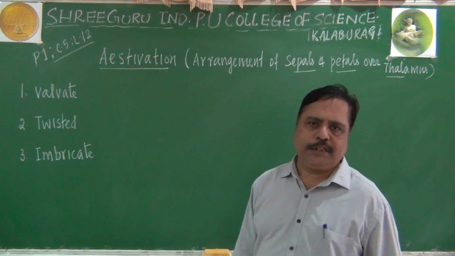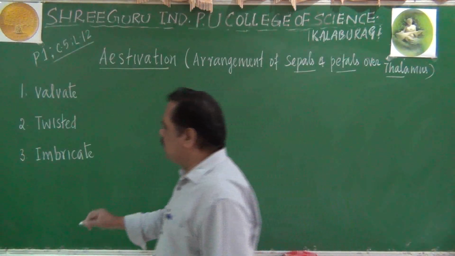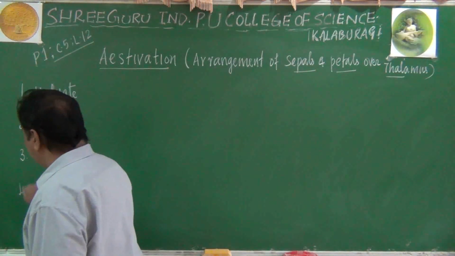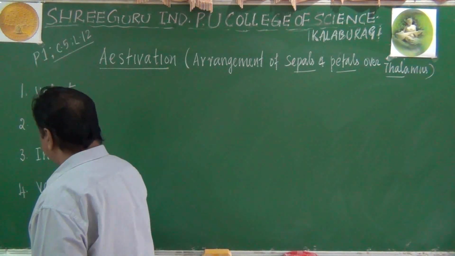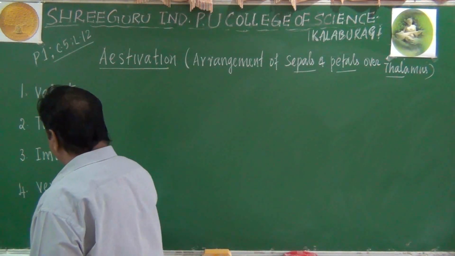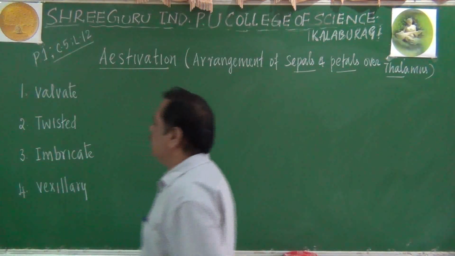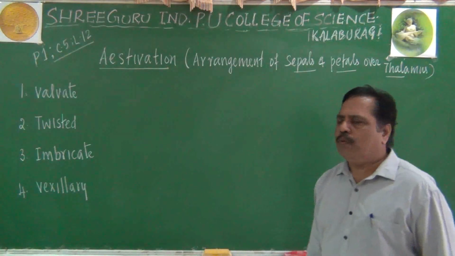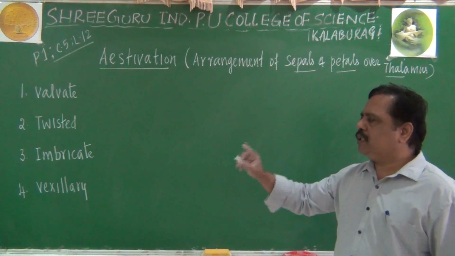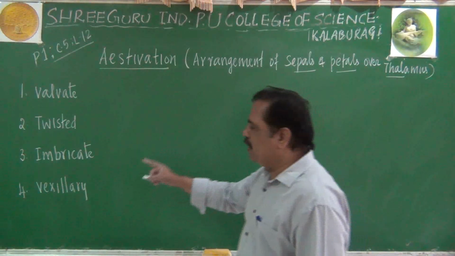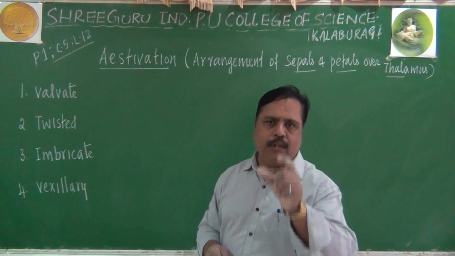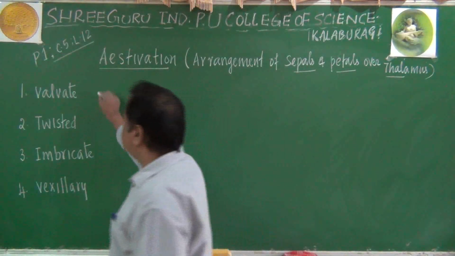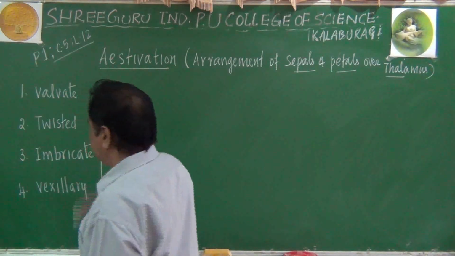There is a fourth type also, known as vexillary estivation. So valvate estivation, twisted estivation, imbricate estivation, and vexillary estivation: these are the 4 important types of estivation we can see.